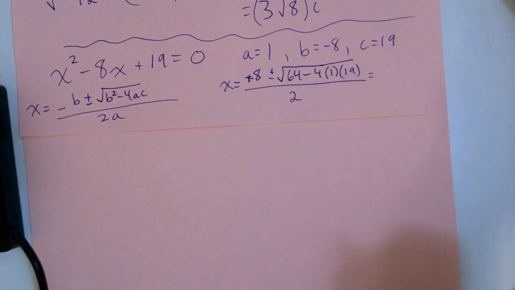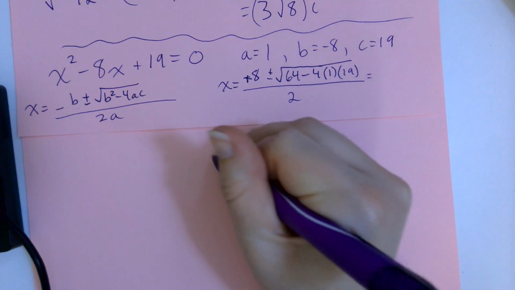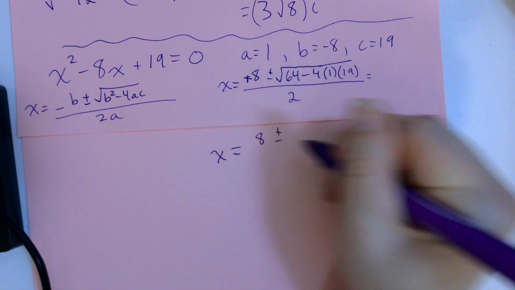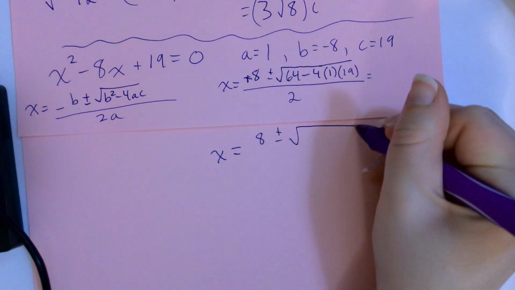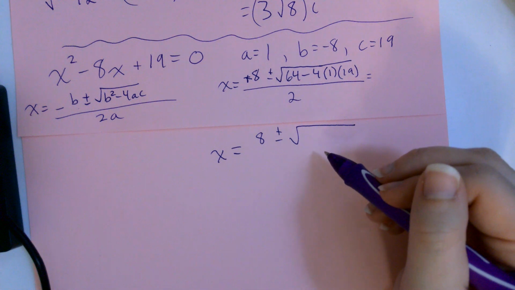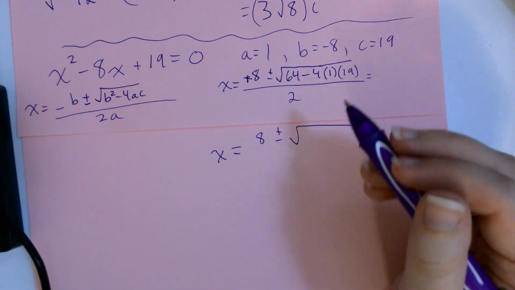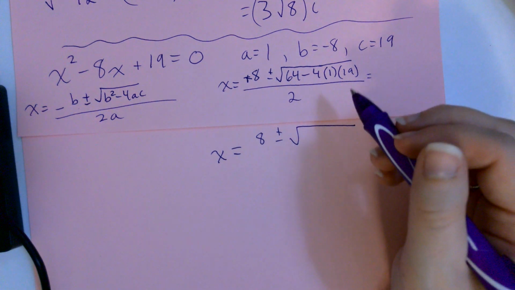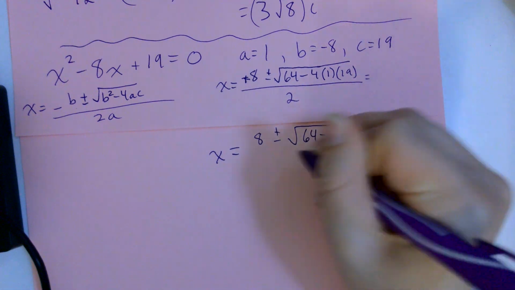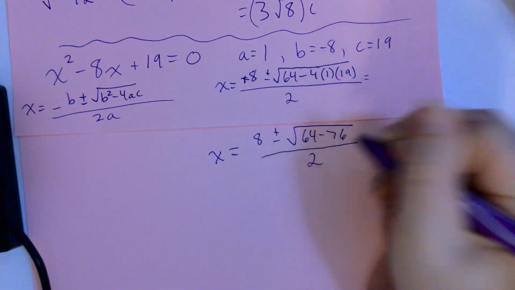So now we can simplify that into x equals 8 plus or minus the square root of, let's see, 4 times 19 is going to give us 76. So this is 64 minus 76, over 2.